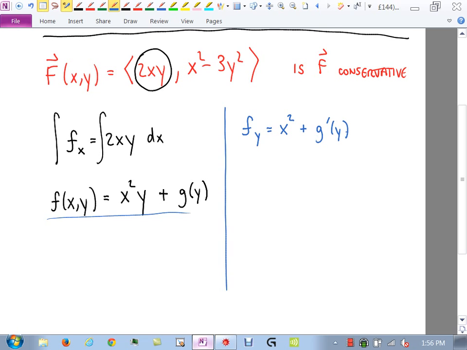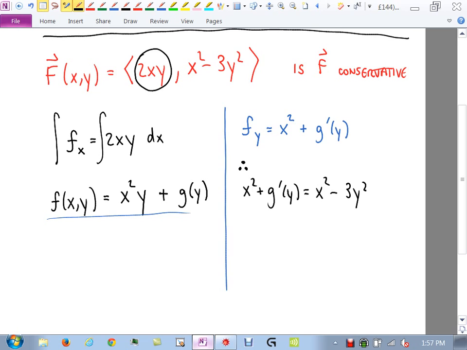You see it? But what do we know that has to be? This up here, right? Doesn't it have to match this? So this, therefore, x squared plus g prime y must equal what we had up there, which was x squared minus 3y squared.